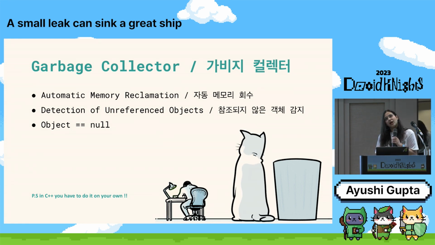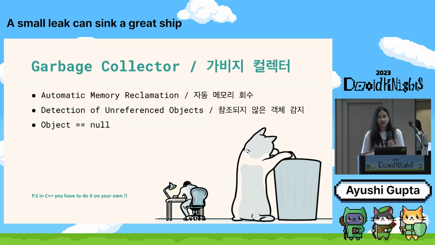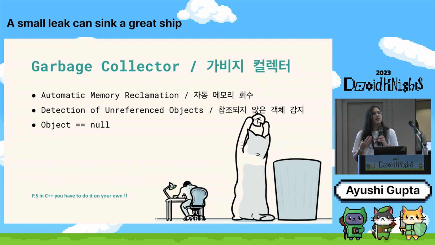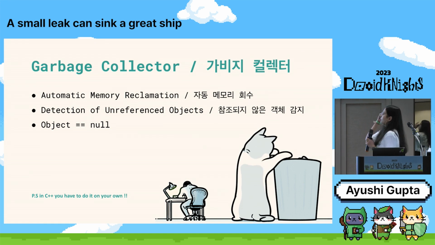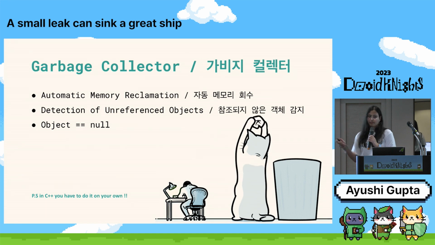When I say unreachable, it means that if an object in the heap does not have any references pointing to it, it will be reclaimed by garbage collector. There are various algorithms working under the hood in GC. There could be mark and sweep, concurrent, and generational. And they actually help improve your application performance. So whenever you set any object equal to null, you're saying, hey, GC, please collect this object. I don't need it. So that is GC for you.